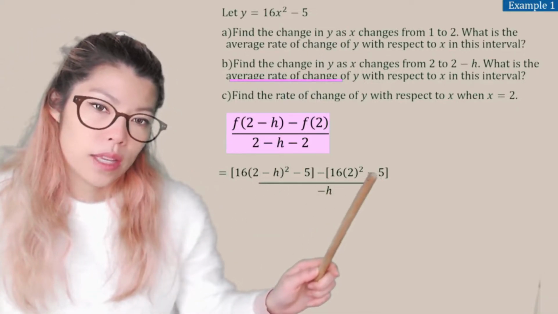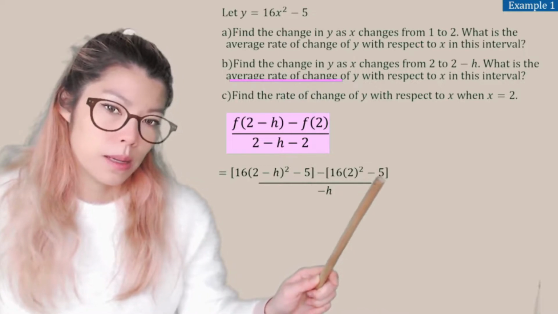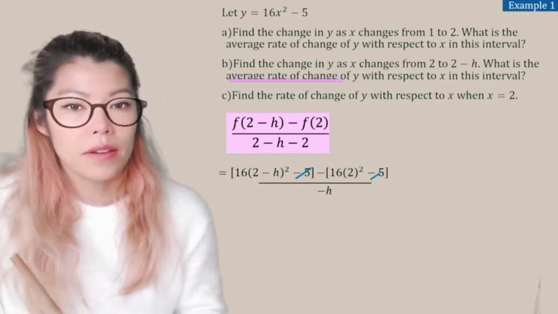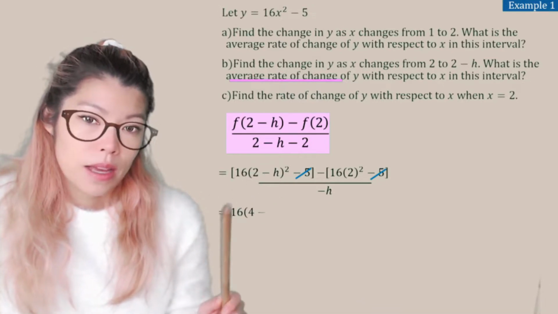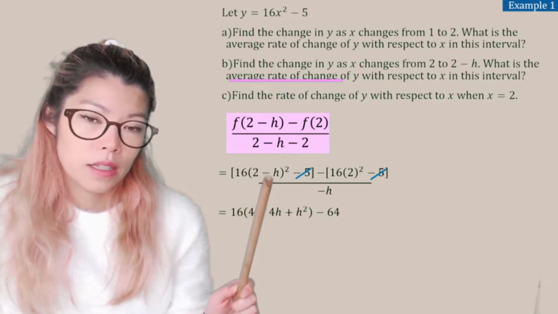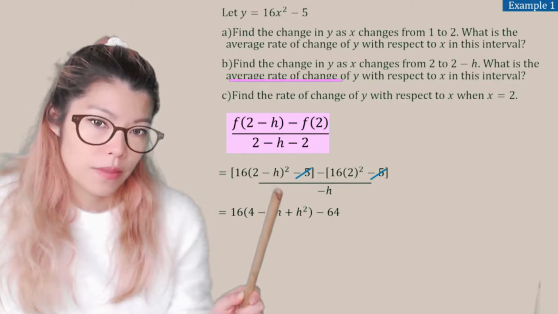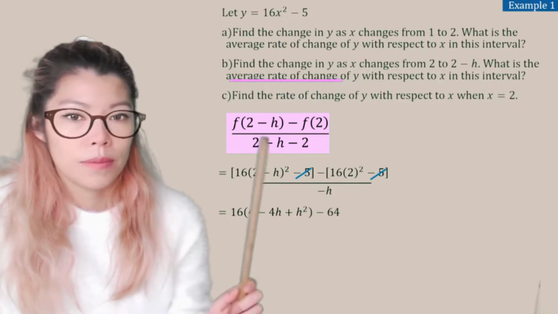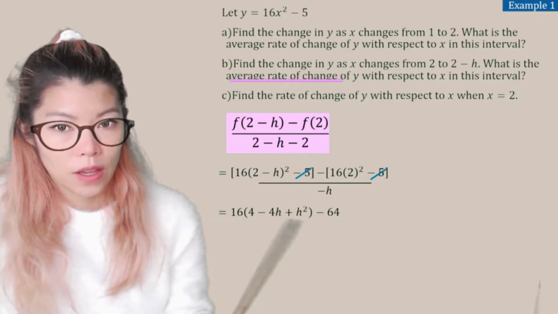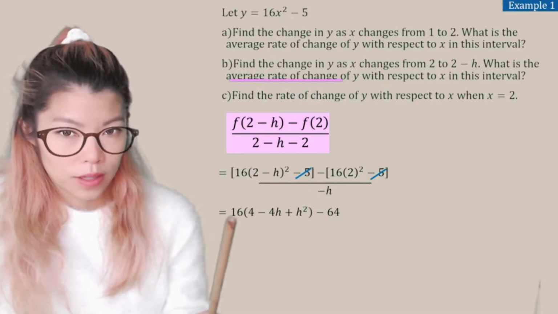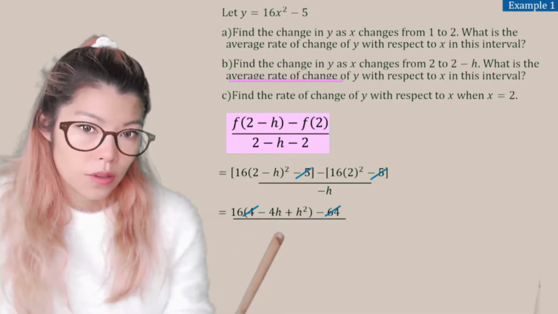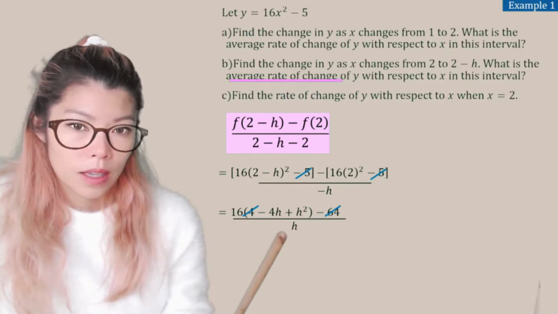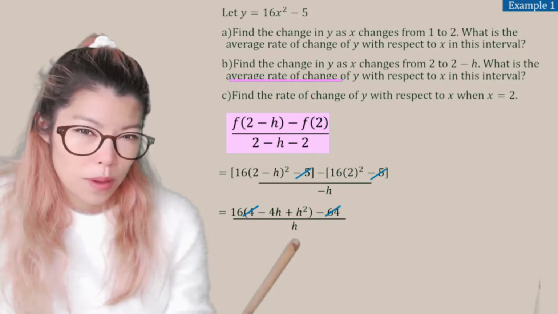Before we expand, we can see that the minus times minus 5 becomes plus 5, and we can just cancel that out. So there's less writing for us. Now that becomes 4 minus 4h plus h squared, and that becomes 4 times 16, which is 64. So 16 times 4 is exactly that, so we can also cancel that out. Don't forget the minus h. And there should be a minus there.